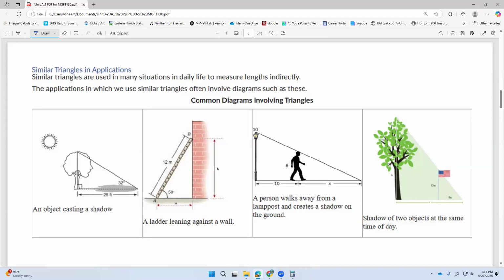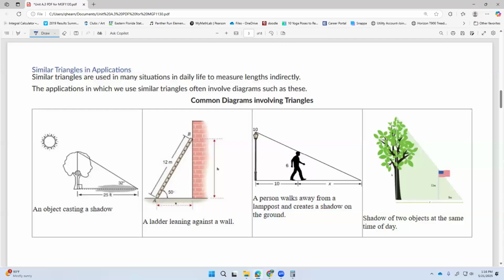And I have found that being able to draw these diagrams is very important in understanding how to work these problems. And actually, there are not a lot of different diagrams that you come across. They're all pretty similar to these four diagrams. So, or usually they are.